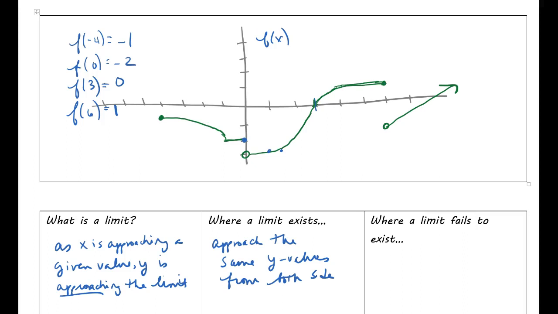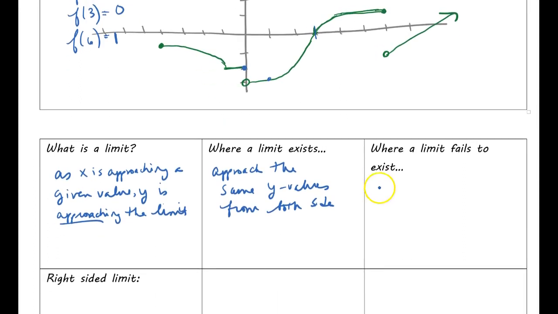Now, where does a limit fail to exist? There's actually 3 cases that a limit fails to exist. One is if it breaks this rule. If you approach different values from the left and right. Another case of a limit failing to exist that I did not draw above is if you have a vertical asymptote.